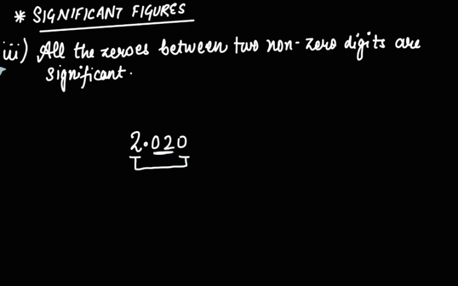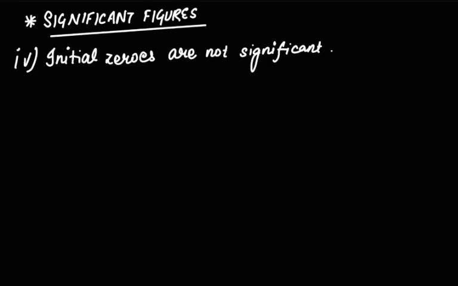Therefore, according to the third rule, these 2 are also significant. Therefore, there are a total of 4 significant figures in this case. Now our fourth rule is that initial zeros are not significant. For example, 005. Here these 2 initial zeros are not significant, just 5 is significant. Therefore, there is only 1 significant figure in this case.